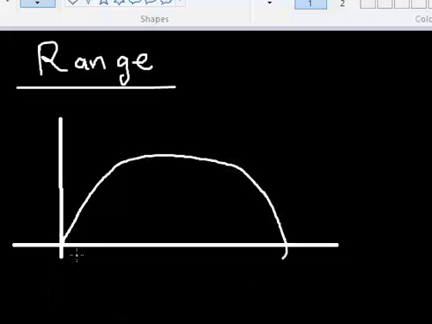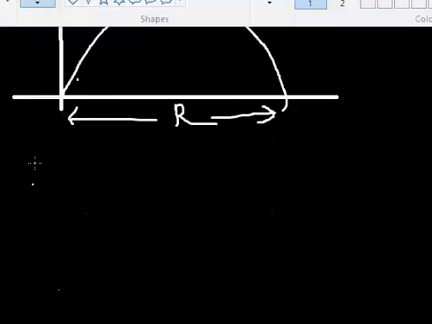So that means the distance from here to this point, so that is the horizontal distance. So we measure the range horizontally. In this case now, the U will be the horizontal component of U, which of course is U cos theta, because I'm considering U now in the horizontal direction.